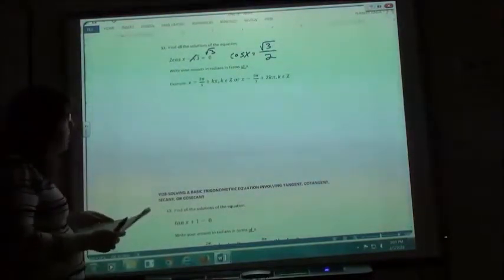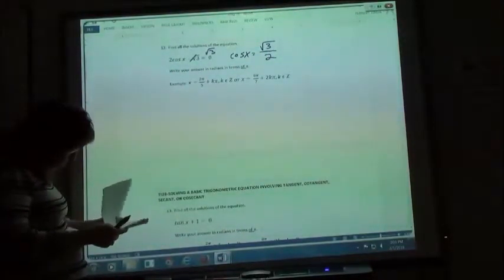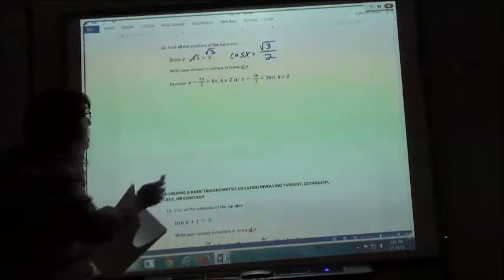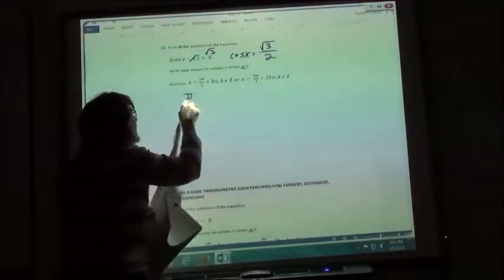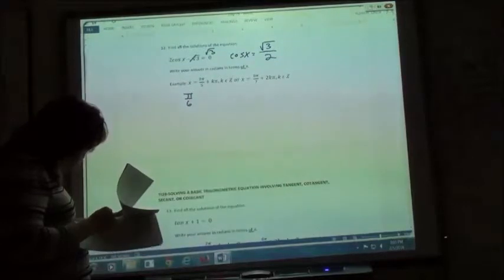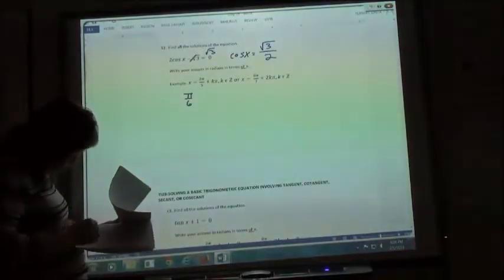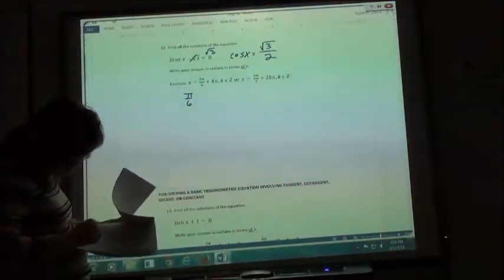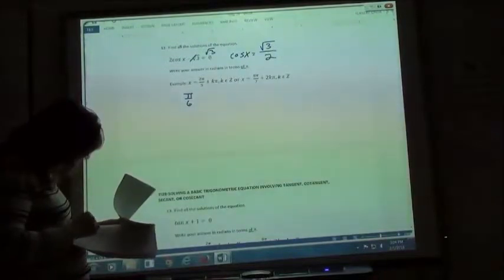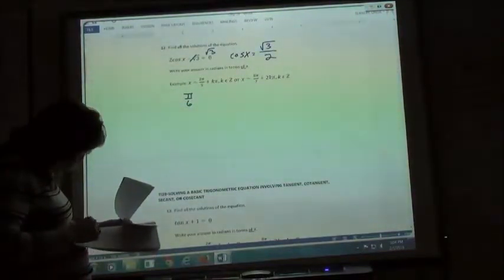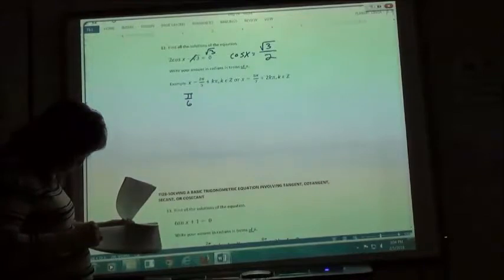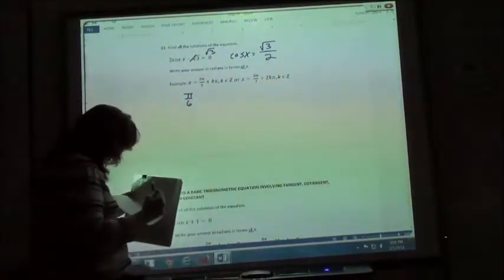So if I look up on my table, where is the cosine of x equals the square root of 3 over 2? We have at pi over 6, and then we have 11 pi over 6.